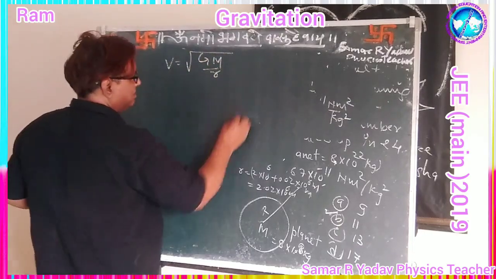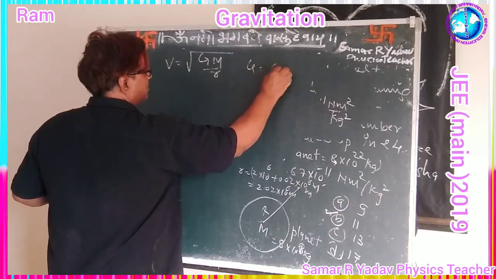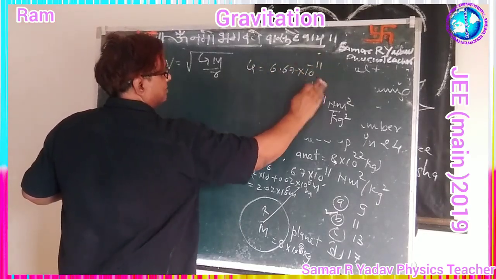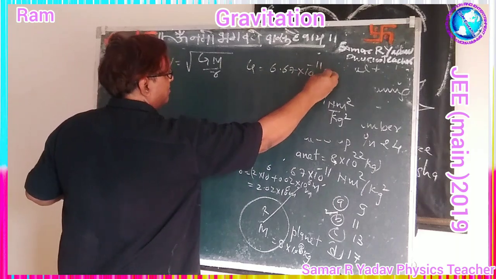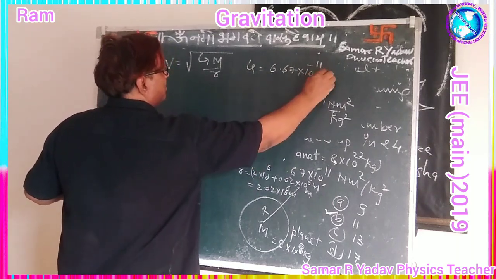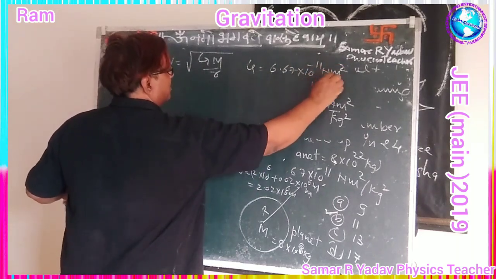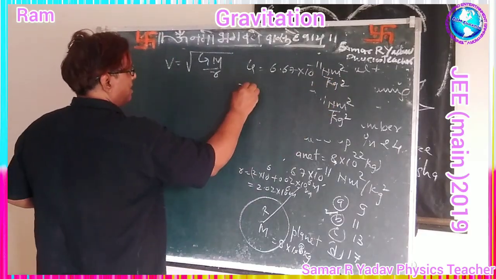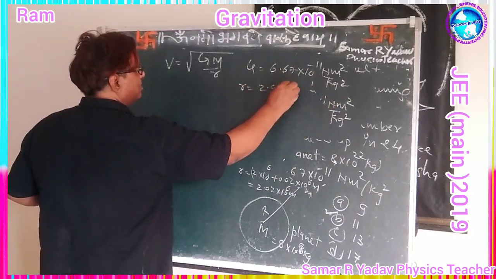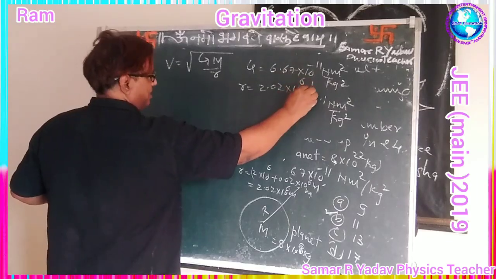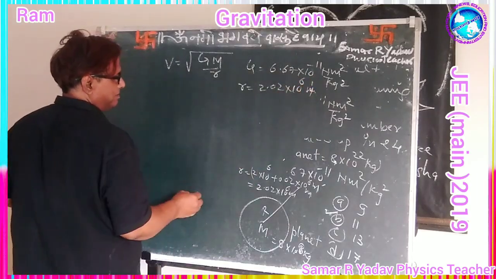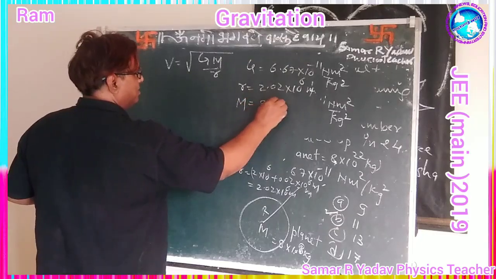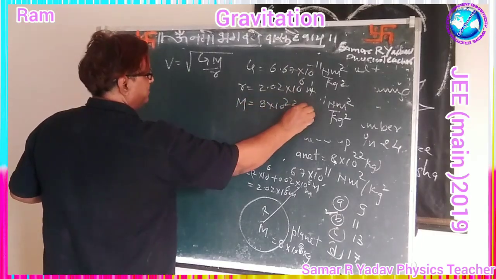Now capital G is given, that is 6.67 into 10 power minus 11 Newton meter square per kg square, and R is 2.02 into 10 power 6 meter, and the mass of the planet is 8 into 10 power 22 kg.